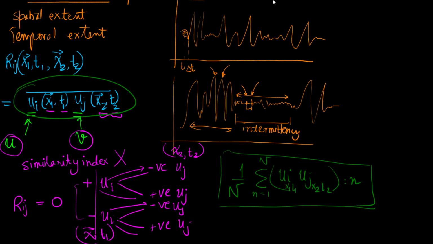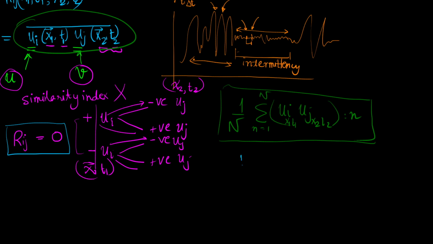Because they're equally likely to yield a positive or a negative sign, you end up with a correlation which is close to zero. In this kind of situation, the variable pair ui and uj is said to be uncorrelated.